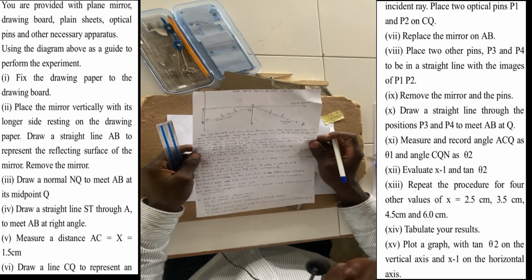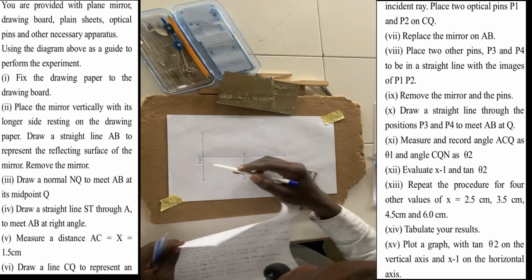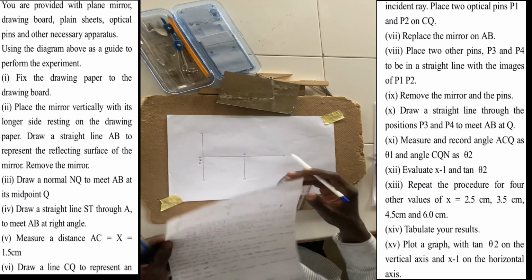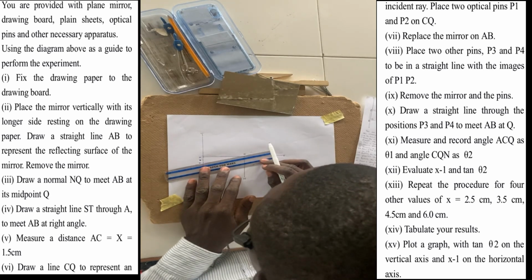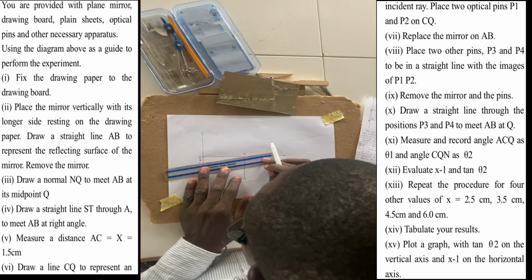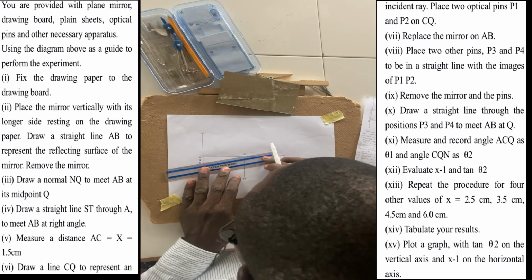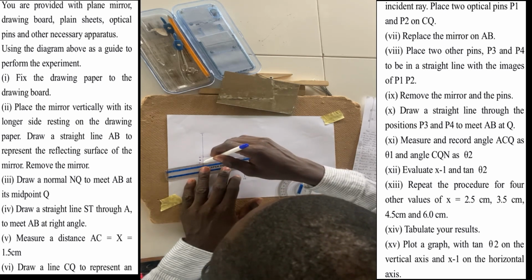The next thing to do now is to draw a line CQ. You have to join this point and this Q together to form a line CQ. Now place your ruler on the 2 points, and then join them together to form line CQ.